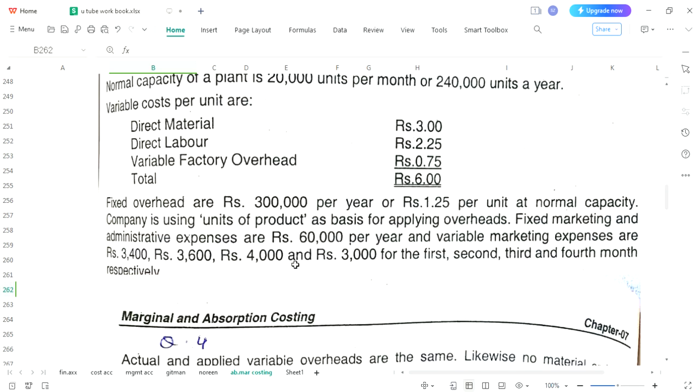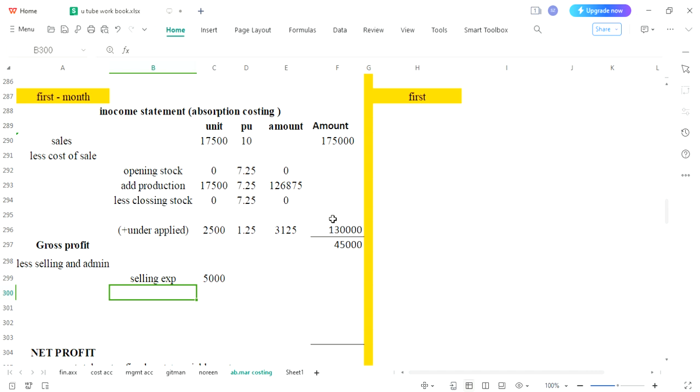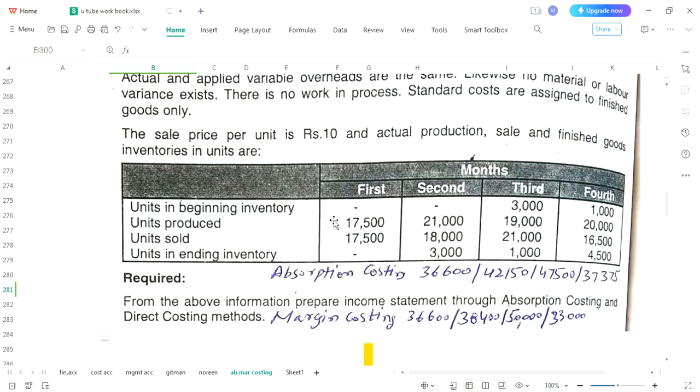We have to see the exact name: marketing and admin. Since we don't have space, we will write an abbreviation, but you should write the full name: marketing and admin 5,000.